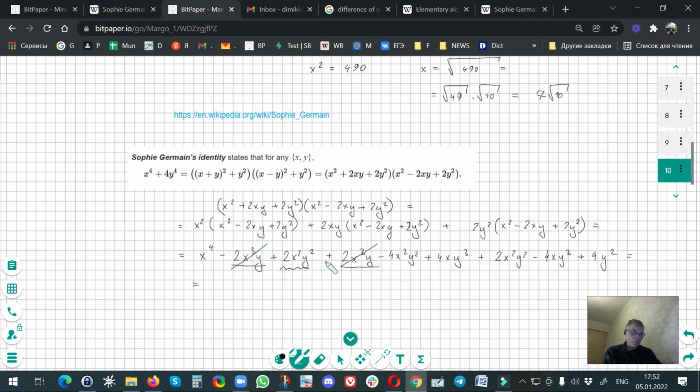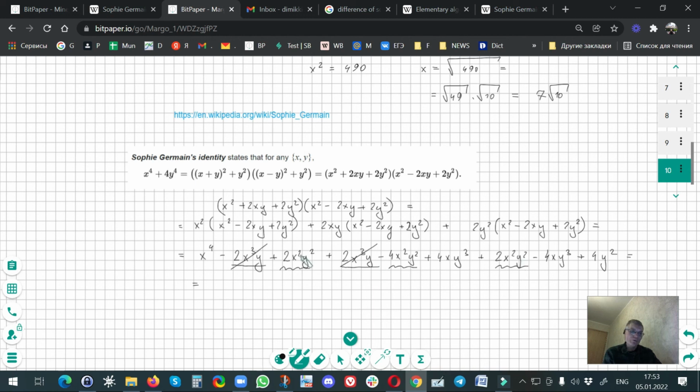The second one will be underlined like that. X squared y squared, where is the same thing? Aha, here it is. Anything else? Aha, here. We see 2 plus 2 and minus 4. So the sum is 0 because 2 minus 4 gets me minus 2 plus 2.